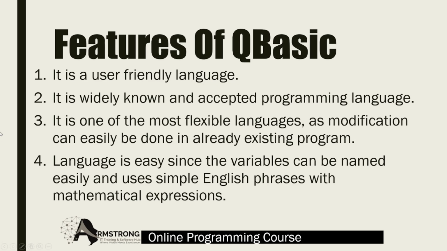Now let me throw light on this. It said a variable can be named easily. Think of a variable like a data item, or an object, that a name is assigned to, or a person, someone.